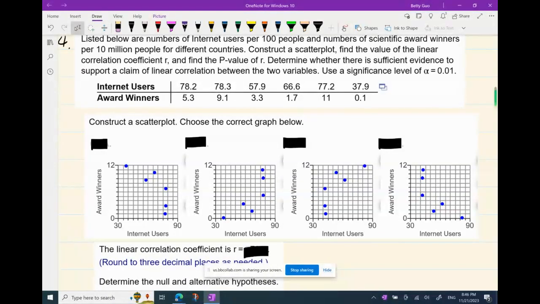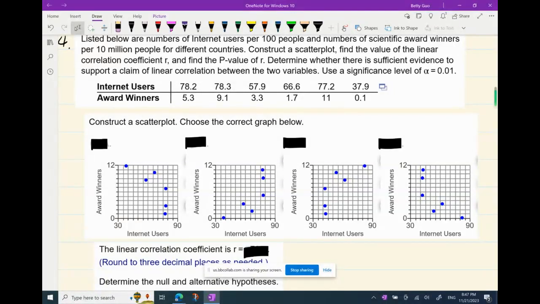So for L1, I'm going to enter internet users: 78.2, 78.3, 57.9, and for L2, I'm going to enter 5.3, 9.1, 1.7.